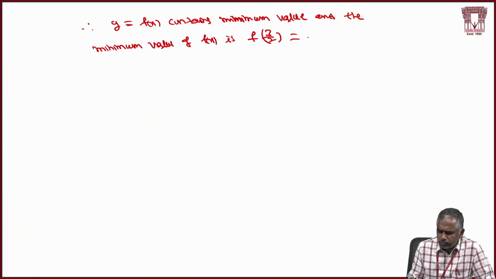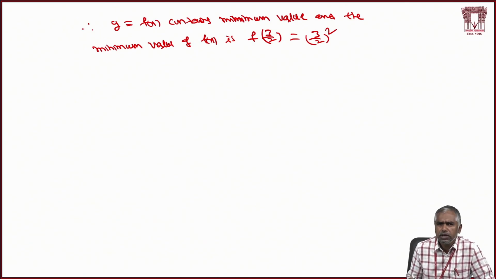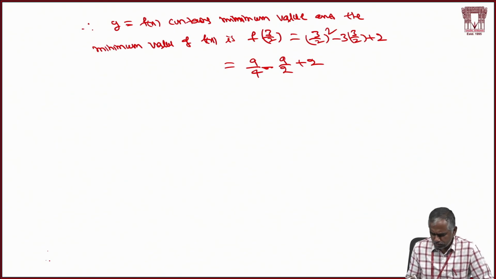F of 3 by 2 equal to 3 by 2 whole square, because we have f of x equal to x square minus 3x plus 2, minus 3 into 3 by 2 plus 2. If you simplify this, you will get 9 by 4 minus 9 by 2 plus 2.